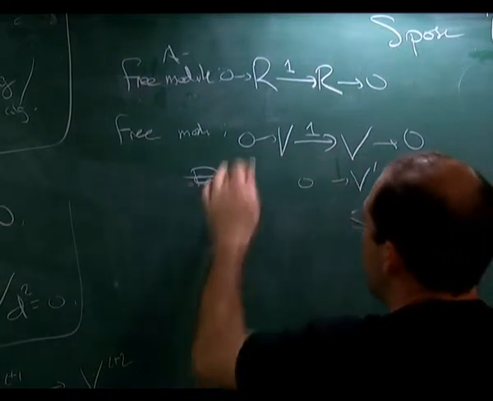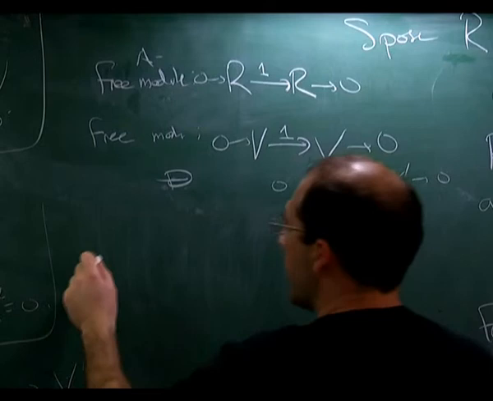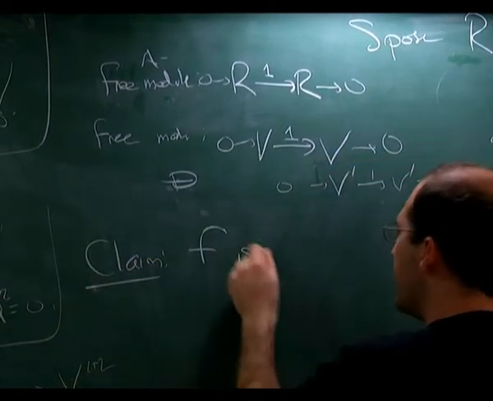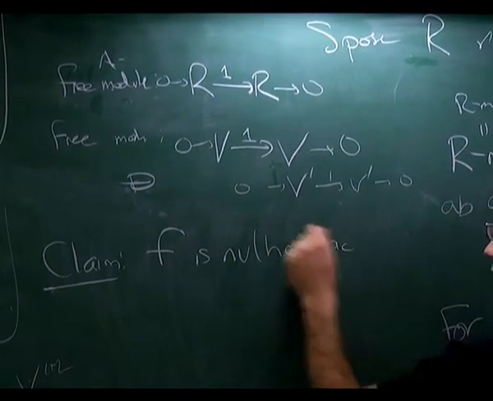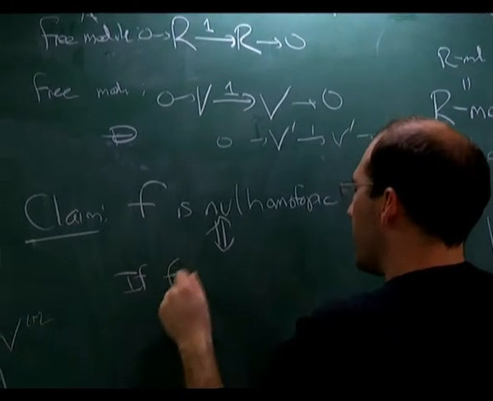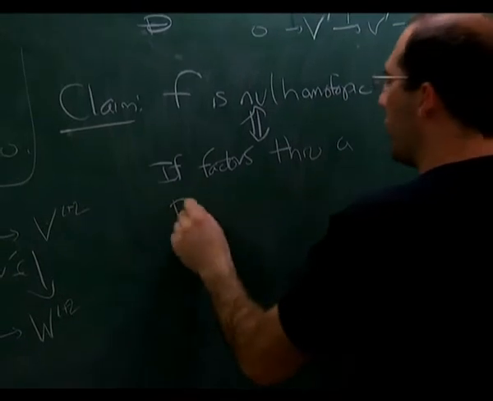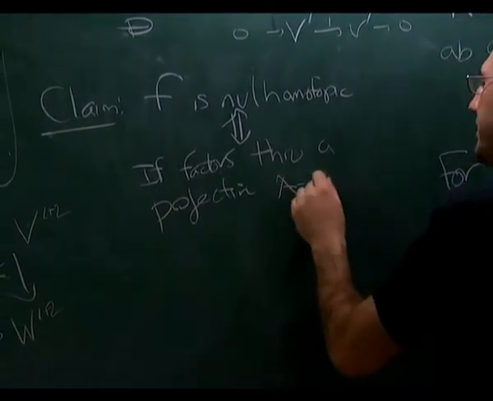I suppose a projective module is one where V is a projective R module. So I claim that F is null homotopic if and only if it factors through a projective A module.